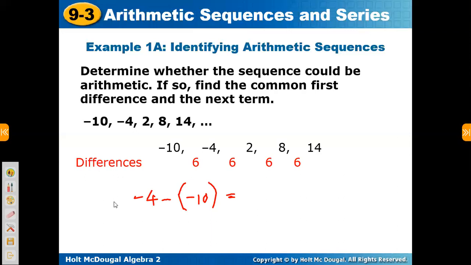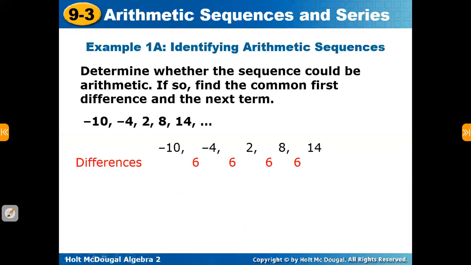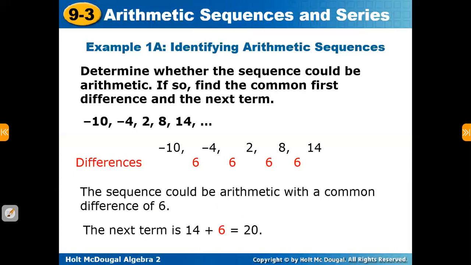And if you do 2 minus -4, again you will get 6. Then 8 minus 2 is also 6, and 14 minus 8 is also 6. Now, since the difference is constant, we can say that it is an arithmetic sequence. And as we know that the difference is 6, to find the next term, I just have to add the difference to the last term. So 14 plus 6 should give me the next term as 20.